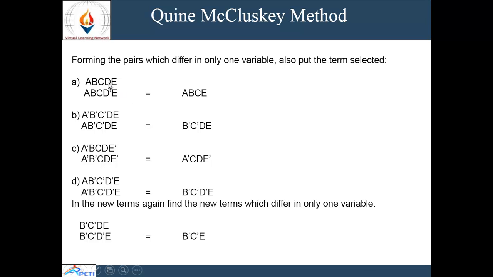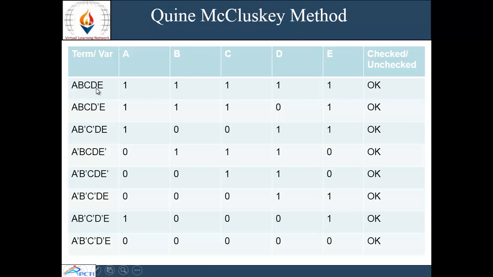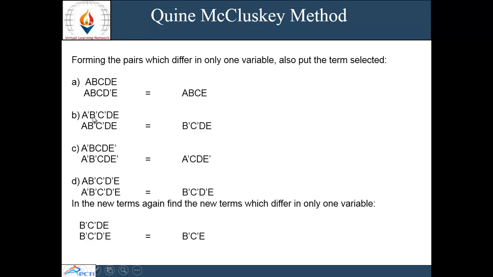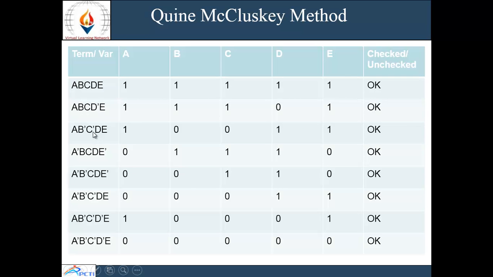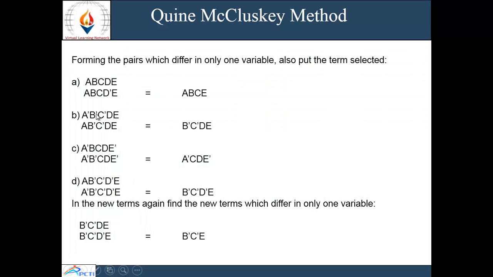For example, we take the pair of the first and second, then AB bar C bar DE, that is our third last and last value. In these you can see A complement, B complement, C complement, DE, and A, B complement, C complement, DE. There is a difference of only one variable, that is A and A complement.